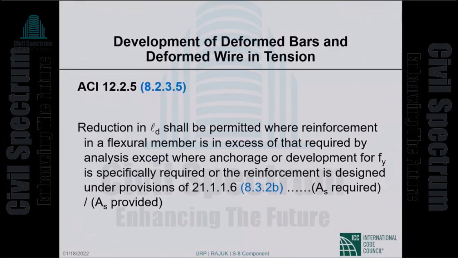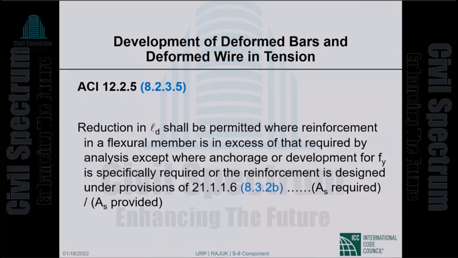And then there is another factor that I don't want to say complicated, but it causes some confusion. So reduction in L sub D, the required development length, shall be permitted where reinforcement in a flexural member is in excess of that required by analysis. So you have provided more reinforcement than required by analysis.